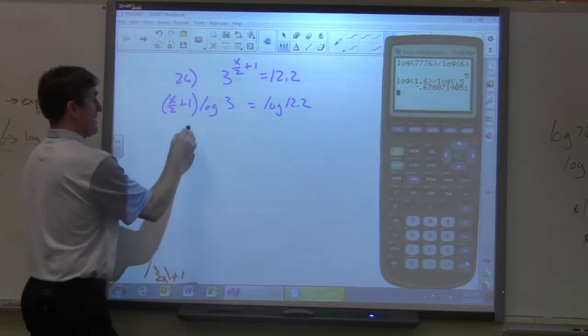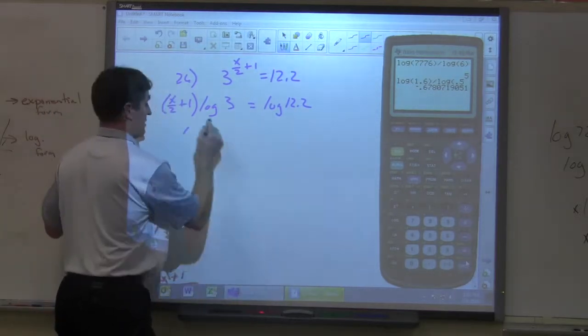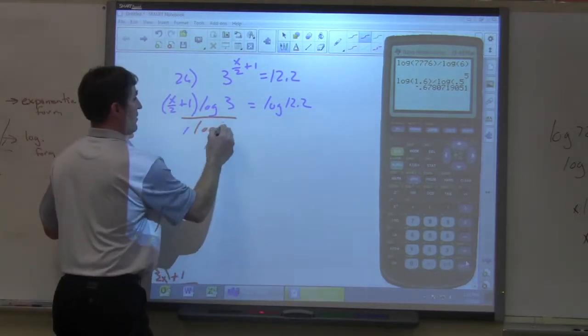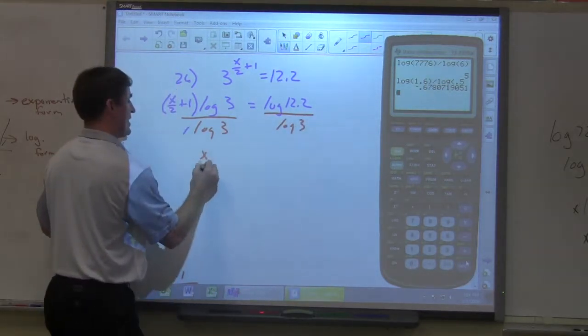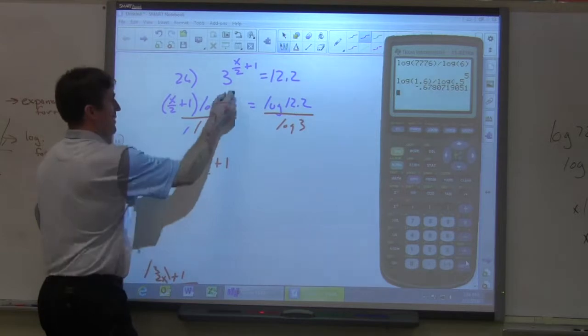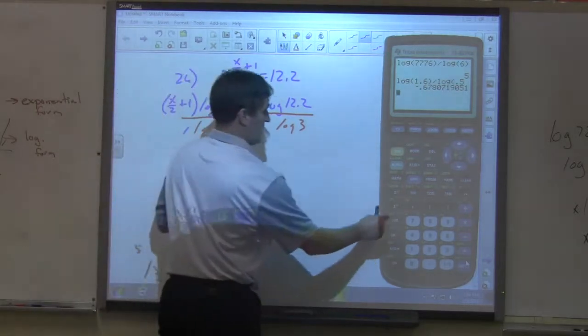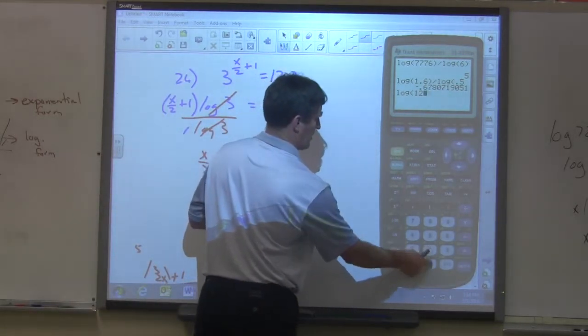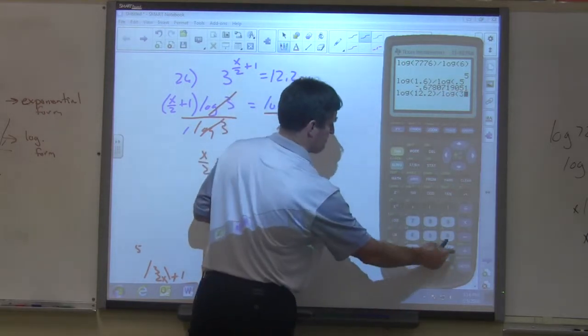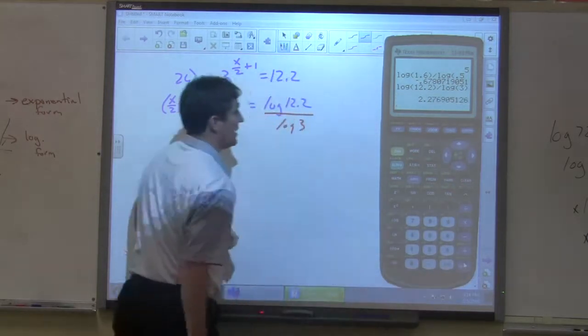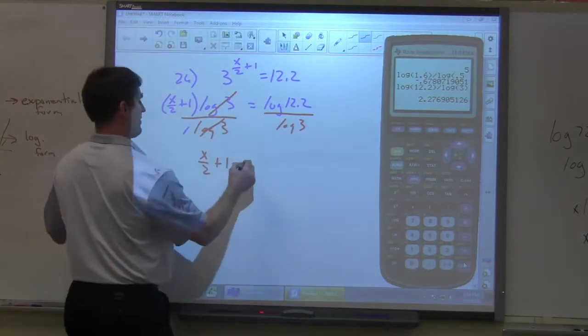We've got to get x by itself, so I'm going to divide by log 3. So that gives us x over 2 plus 1 on this side, because these will cancel. And log 12.2 divided by log 3 is 2.277.